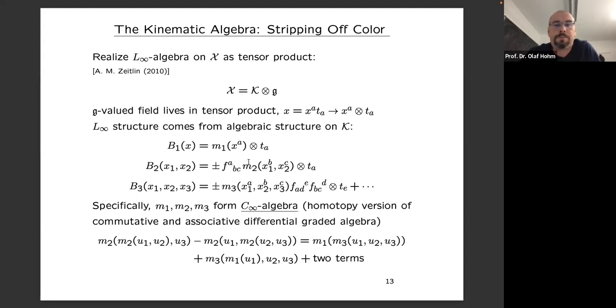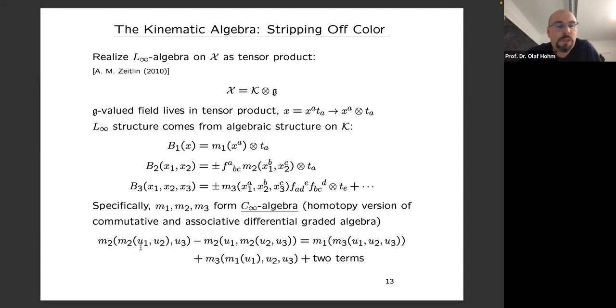And for the B2, I have this contraction with the structure constants, and that defines now a new product M2. And similarly for the B3, where now we use two structure constants, etc., etc. So the claim is that for Yang-Mills theory, these M1, M2, M3 form a C-infinity algebra, which is the homotopy version of a commutative associative differential graded algebra, which is analogous just to the differential forms we had for Chern-Simons theory.